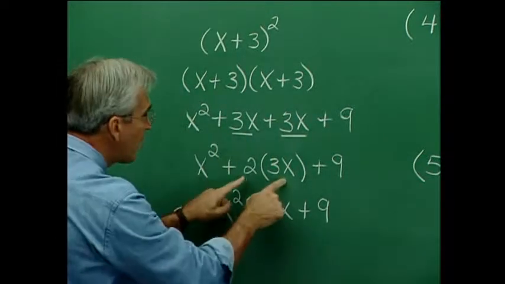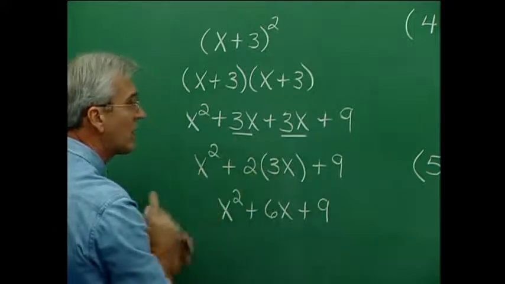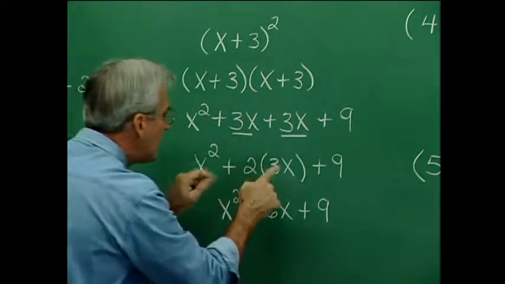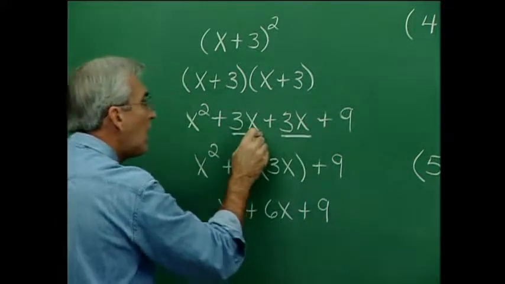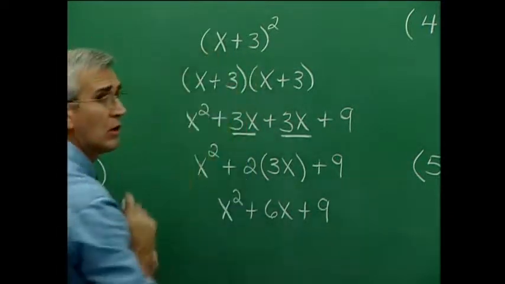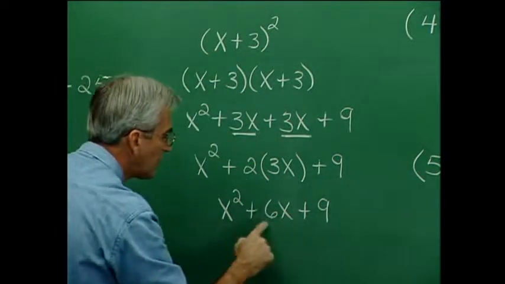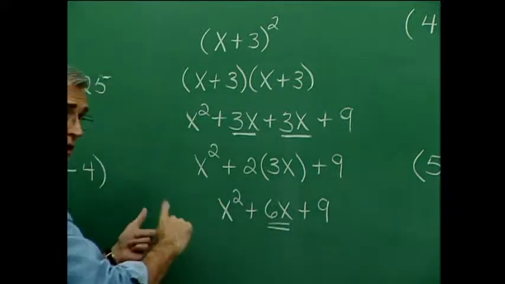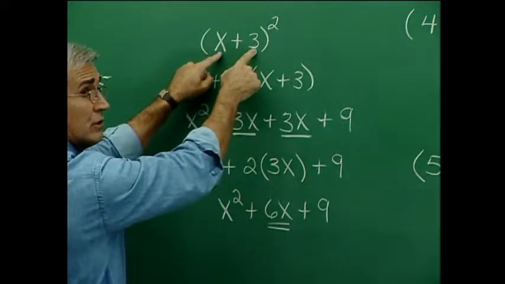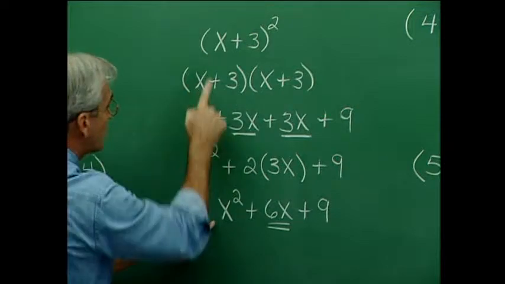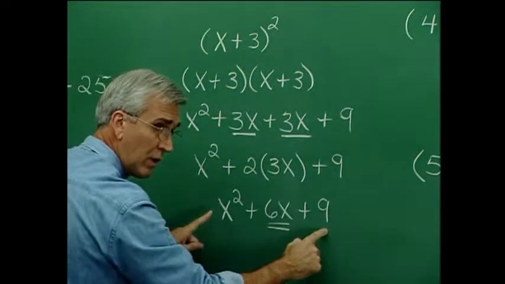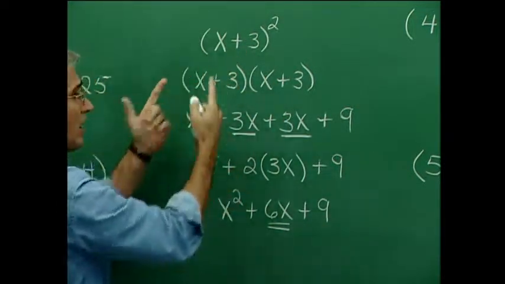So we have two of those things here, and I'm emphasizing it here with this step. And this thing that we have two of is nothing more than the product of those two. So the middle term turns out to be double the product of these two. And the first term is the first term squared, the last term is the last term squared. The middle term is just double the product of the two.